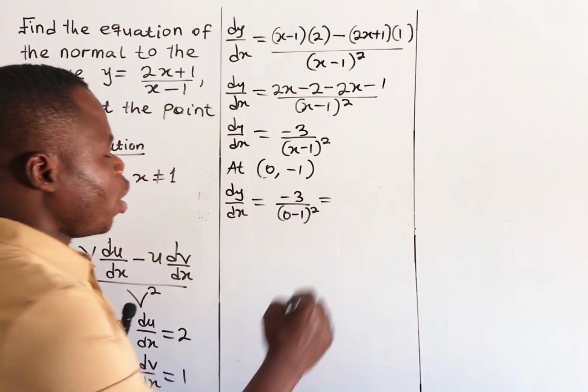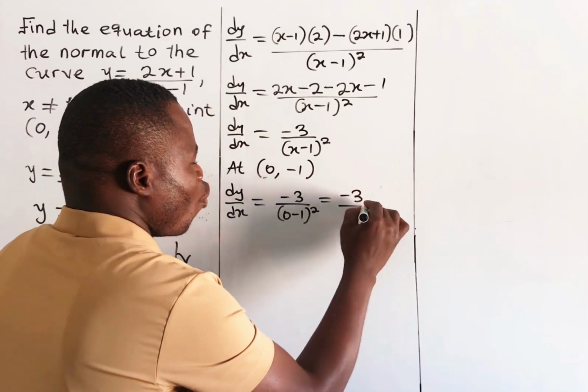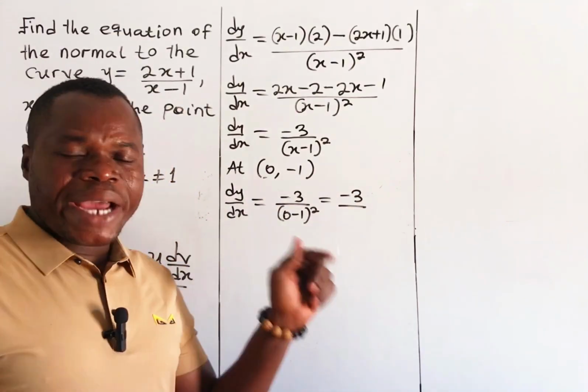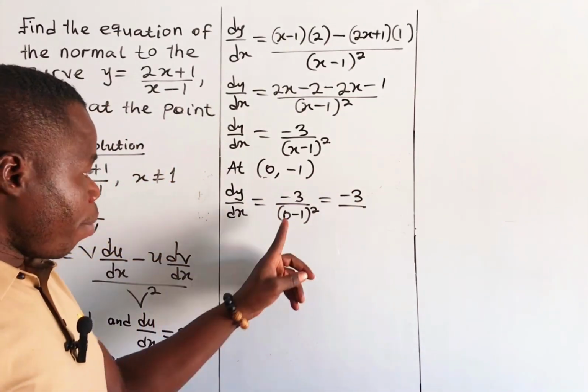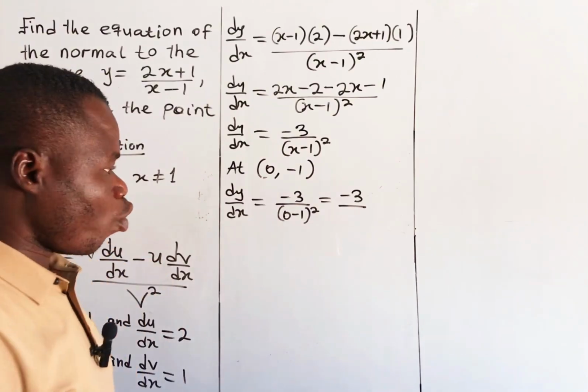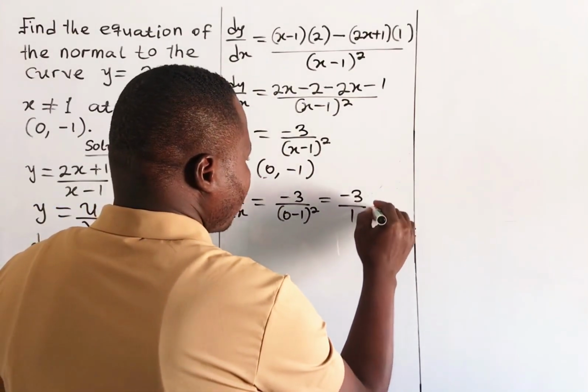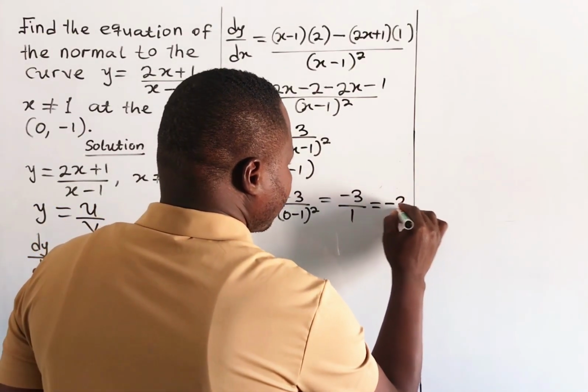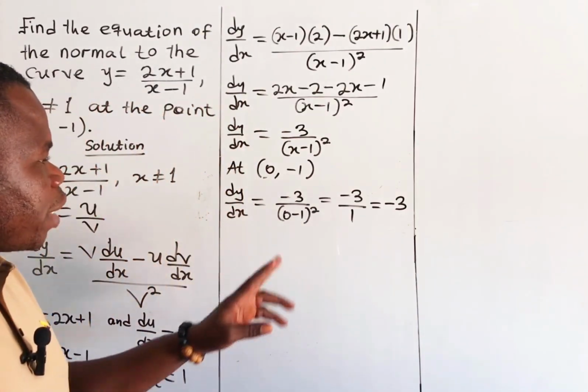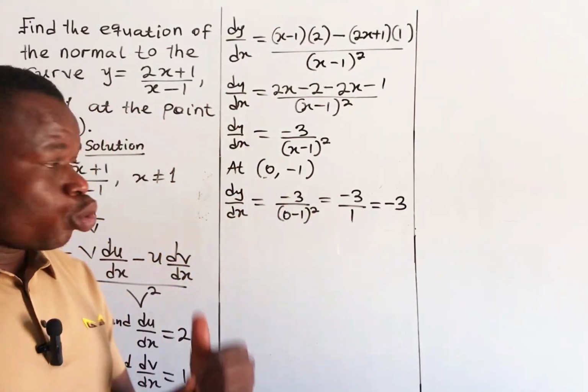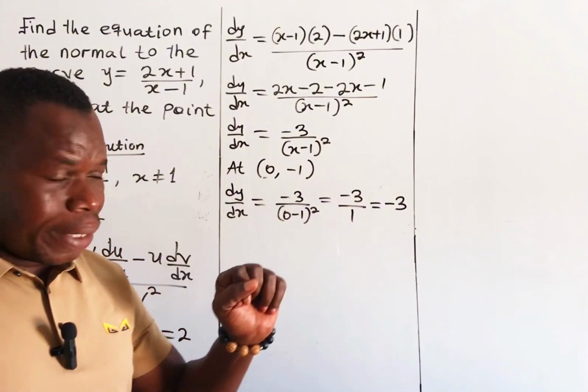To continue, I'll have minus 3 over 0 minus 1, which is minus 1, and minus 1 squared is positive 1. So I have minus 3 over 1, then my final result is minus 3. So that means that the gradient of the tangent to the curve is minus 3.